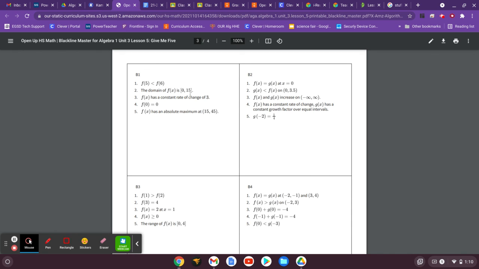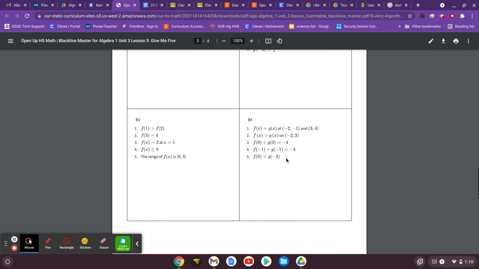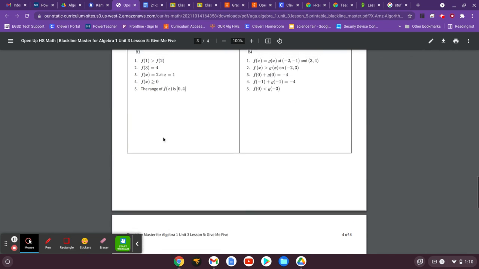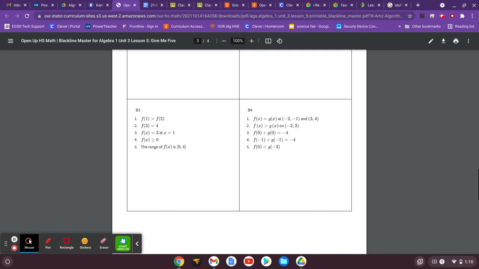Domain is 0 to 15. That is not true because our domain was very small. B2 had two equations. B4 had two equations. So that's kind of leaving B3, because didn't B6 have two equations? It did. So 1, 3, and 5 are the single equations.